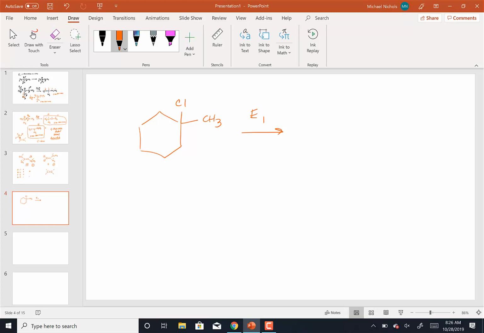So you can do this either way. You can either start the mechanism, or you could identify the alpha and the beta carbons. If a beta carbon has a beta hydrogen, then that's where the double bond could form, if you want to just write your products that way.